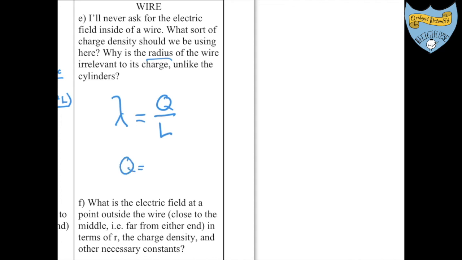Q is just lambda times L. So if it's a linear charge density, you don't care about the radius of the charged object, unless they do something like, say, it's a conductor, and then they're just trying to be sneaky. If it's a conductor, the same rule applies that we talked about in part A. Inside of it, the field is 0.